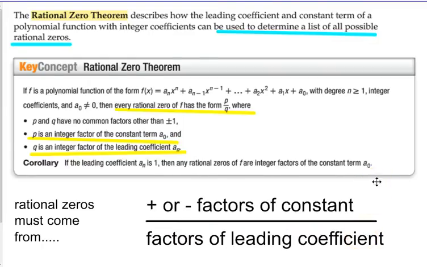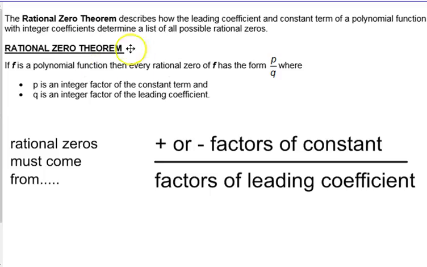So it's written like this up here on your notes sheet. It's plus or minus all the factors of the constant divided by the factors of the leading coefficient.